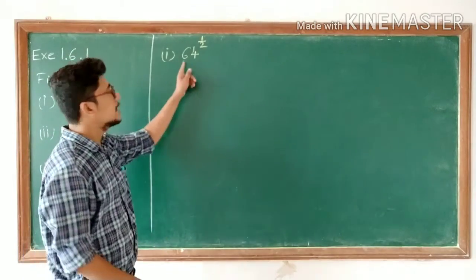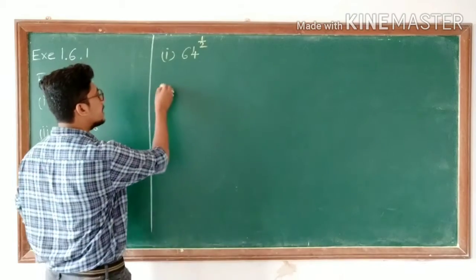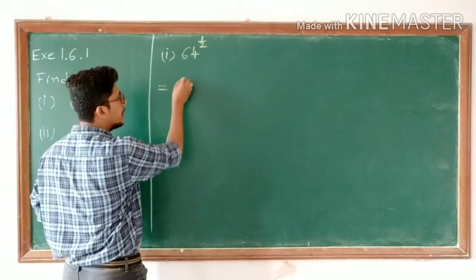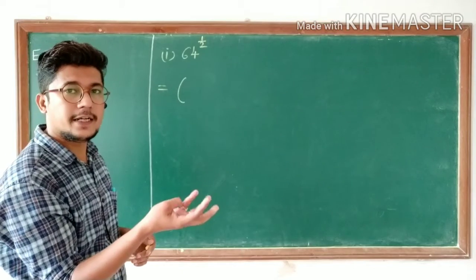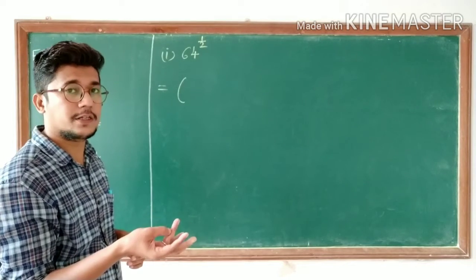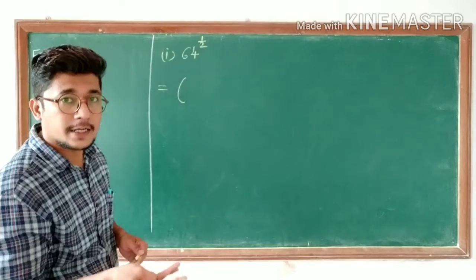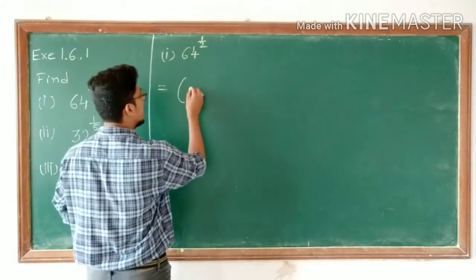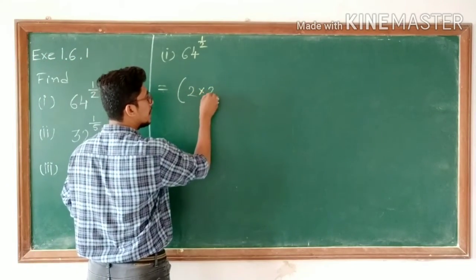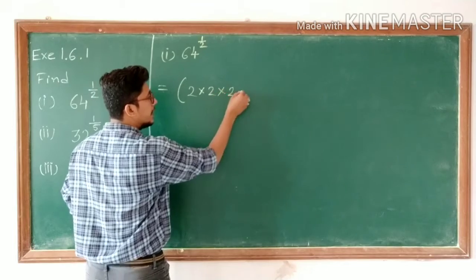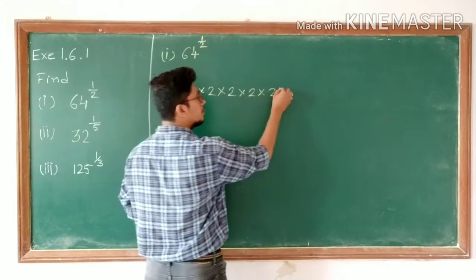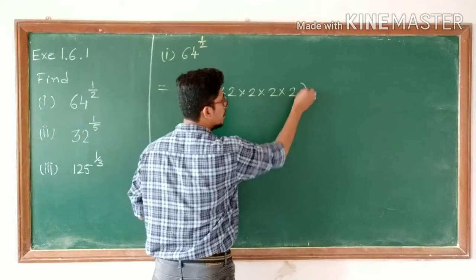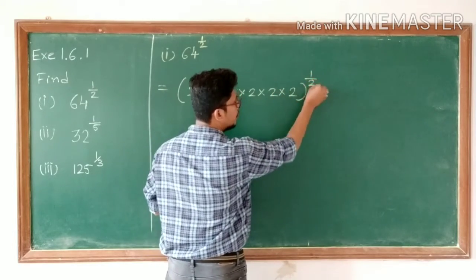Another way is that 64 can be written as 2 2s are 4, 4 2s are 8, 8 2s are 16, 16 2s are 32, 32 2s are 64. So we can write 64 as 2 times 2 times 2 times 2 times 2 times 2, to the power of 1 upon 2.